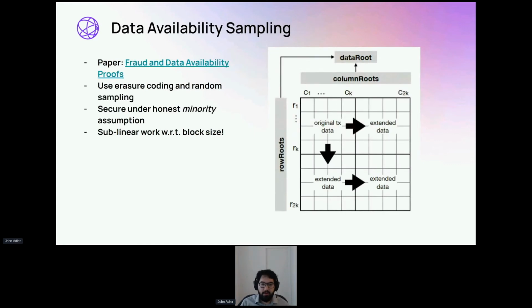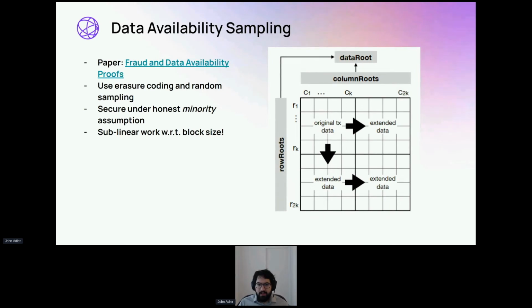Okay. How can you do this without downloading all the blocks? Because that's a naive technique. It's not exactly very good. There's a paper on this, fraud and data availability proofs. It was co-authored by Mustafa Al-Bassam, one of my co-founders at Celestia Labs, and also Vitalik Buterin back a few years ago. It essentially uses erasure coding and random sampling. Erasure coding is used in error correction and so on quite often.